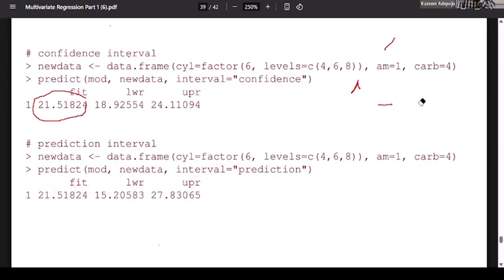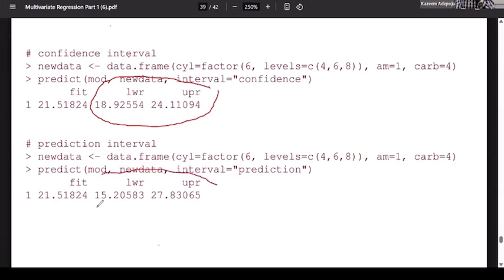In terms of range, I need you to compare this one with this one. Which one has a wider interval? You can say the one with a wider interval is the prediction interval. Can you see that? It has a wider interval because the standard error is large. The standard error is large because the variance is large.